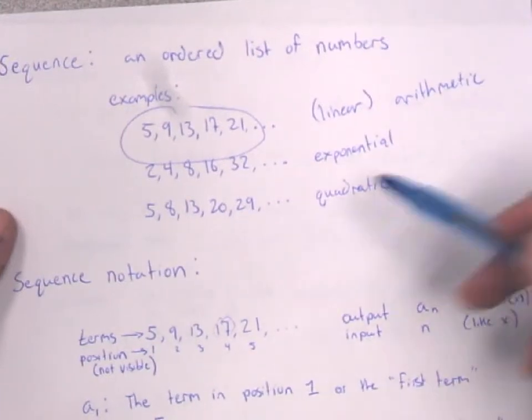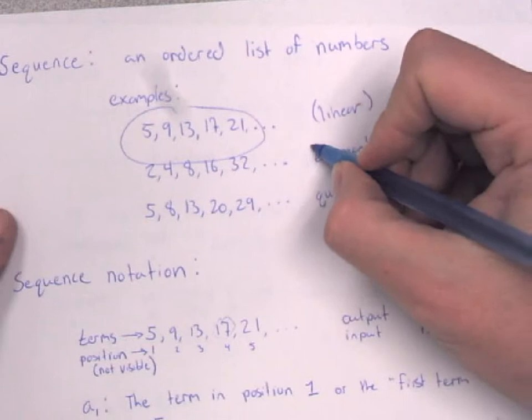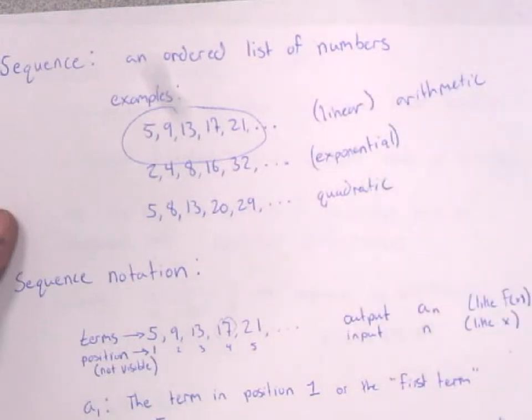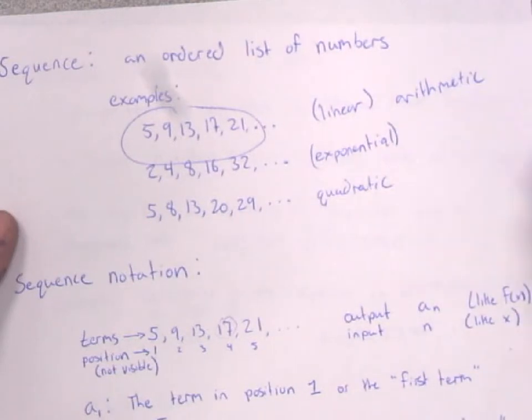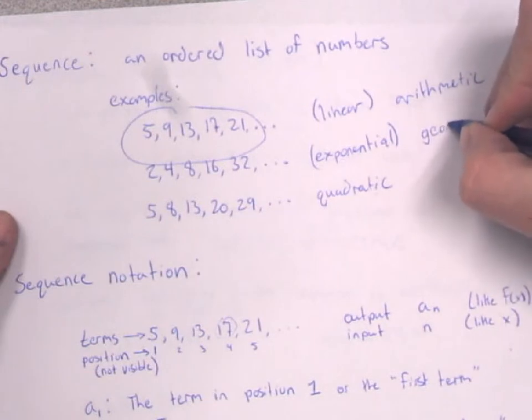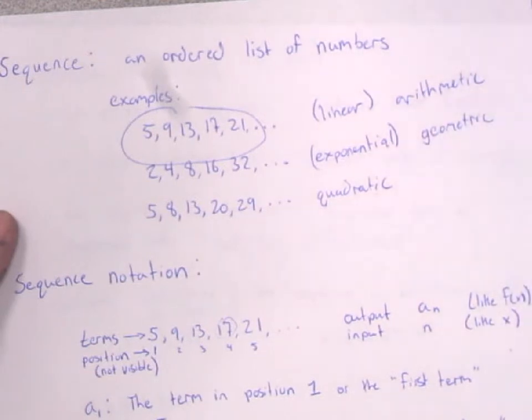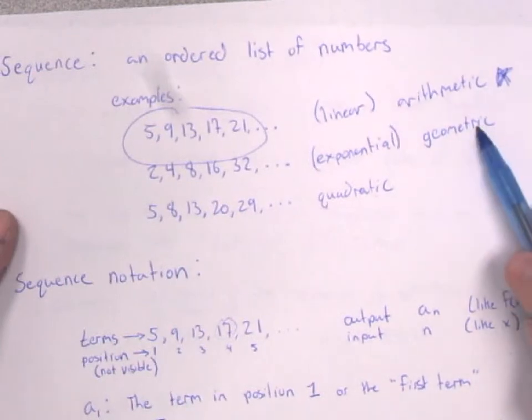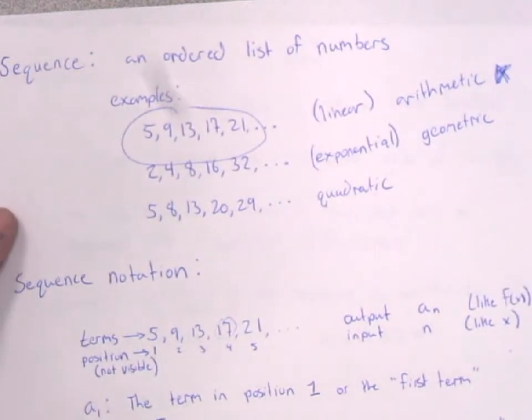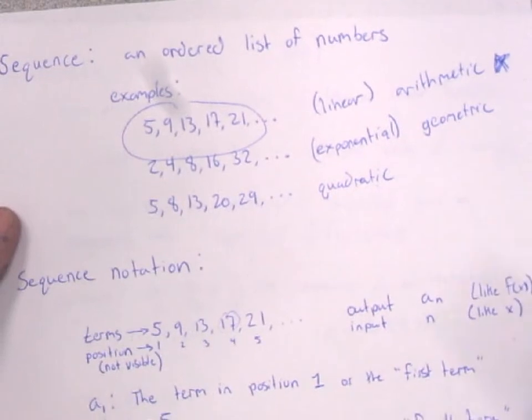There's another word for this one as well. Instead of saying exponential, which refers to an actual function or a graph, in sequences we call this geometric. Today we're going to focus mainly on arithmetic, and next semester we talk more about geometric sequences.